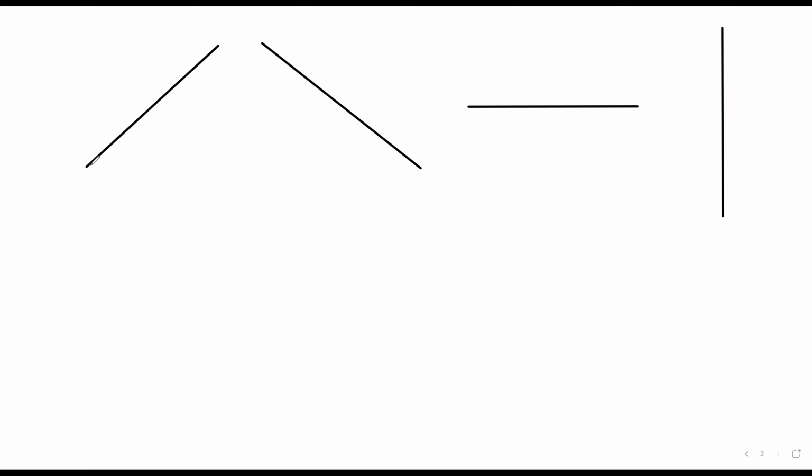What kind of gradient do you expect this line to have? That one actually would be positive, Alvin. And this one, decreasing from left to right, will be negative, right? So for a line that is increasing from left to right, the gradient is positive.